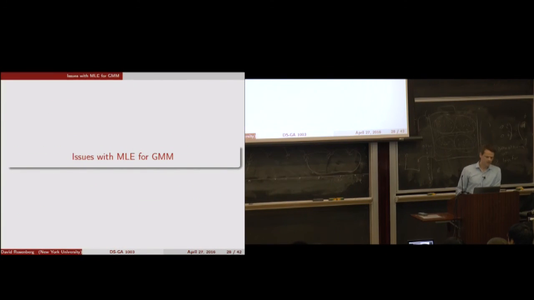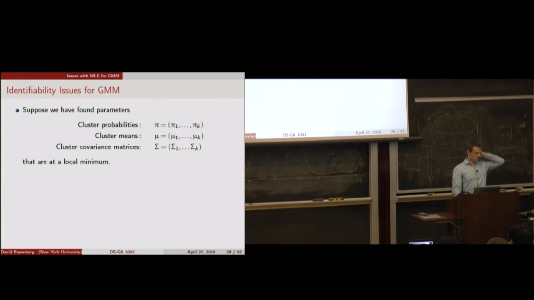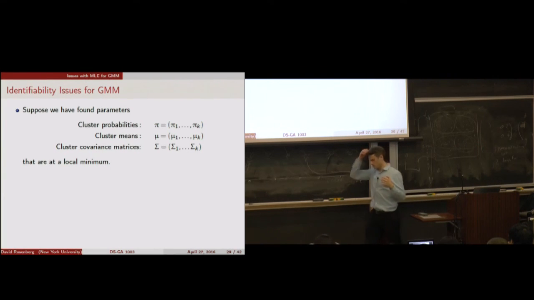All right. So before we get into learning, or statisticians might call it estimation, estimating the unknown parameters, I just want to point out a few issues with Gaussian mixture models that you should be aware of. So suppose we've done some learning. We found some cluster parameters.